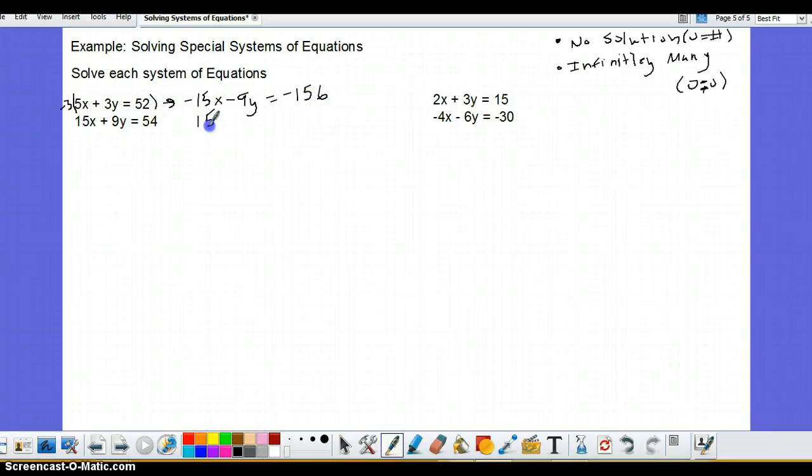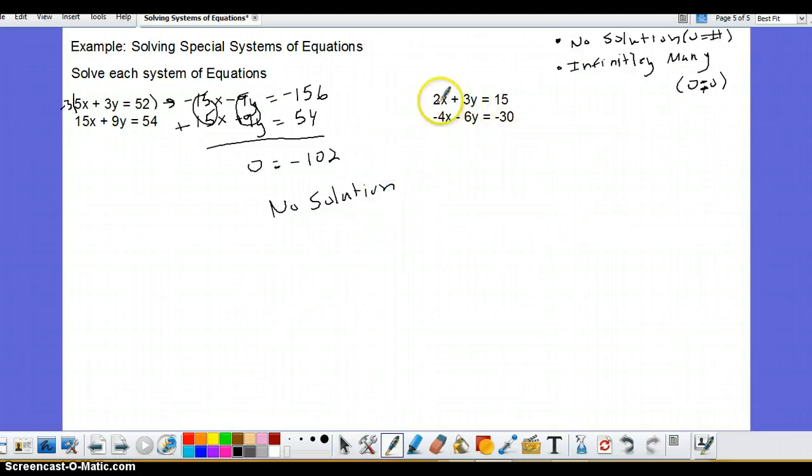Then we have 15x plus 9y equals 54. When I add, -15 plus 15 is 0. -9 plus 9 is also 0. So this side is 0. -156 plus 54 is -102. Those are not 0 equals 0. This is no solution.